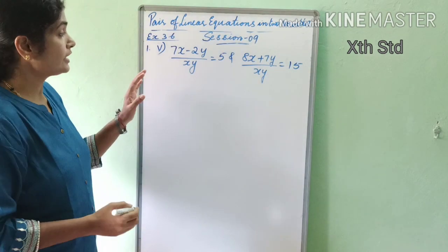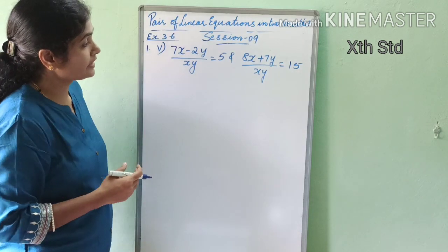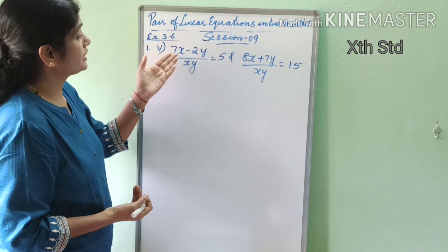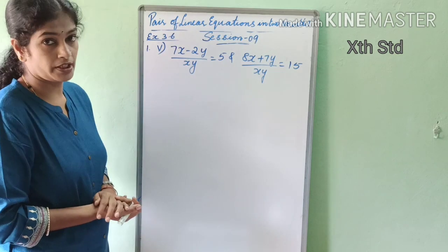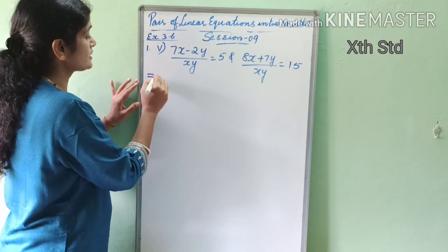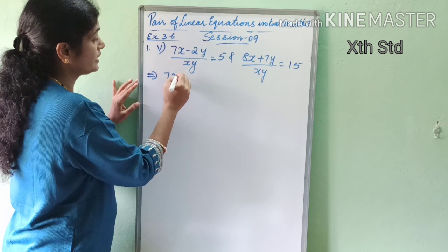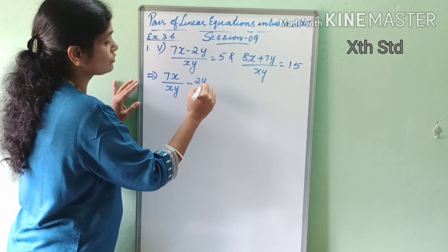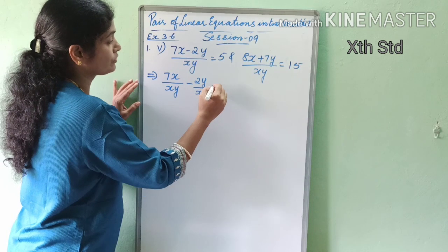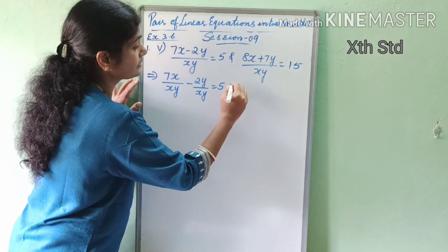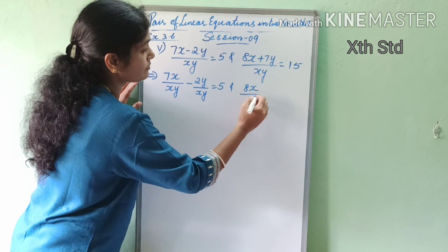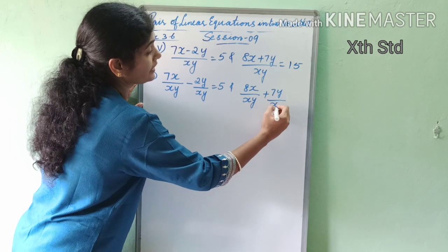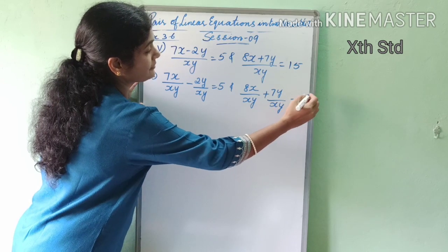Now, if you just look at this, we cannot directly make any substitution, because of xy in the denominator and x and y in the numerator. So, let's simplify the given equations. It is 7x by xy minus 2y by xy equal to 5. Similarly, 8x by xy plus 7y by xy equal to 15.